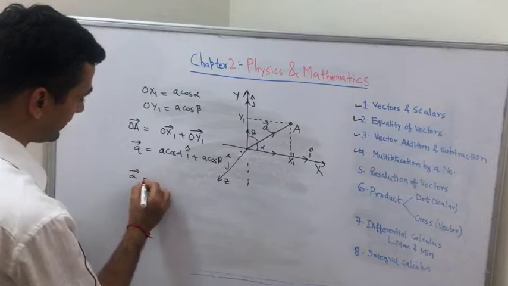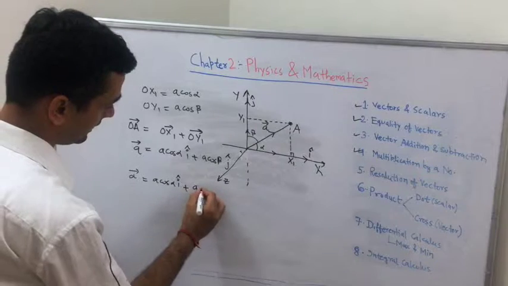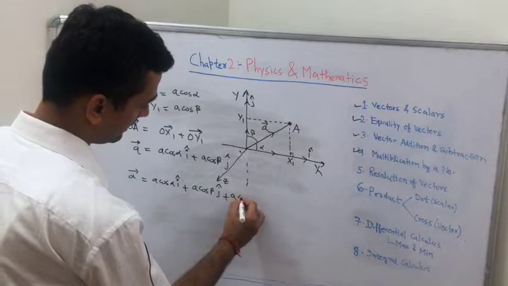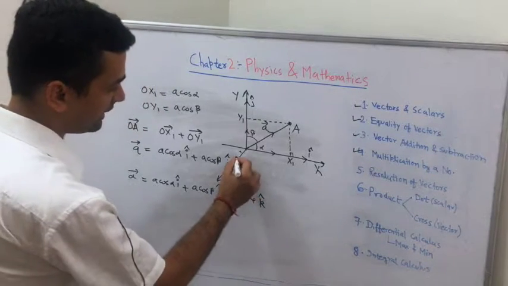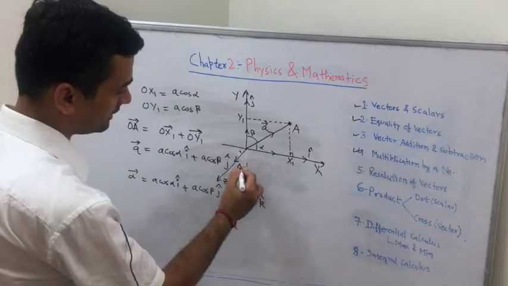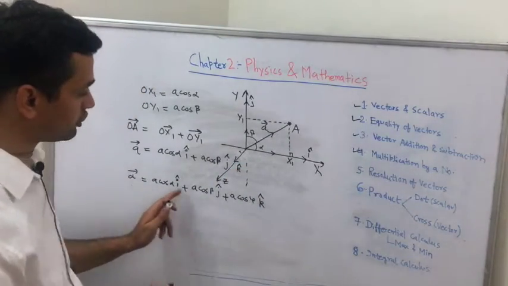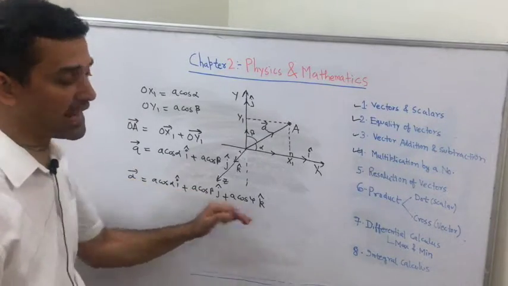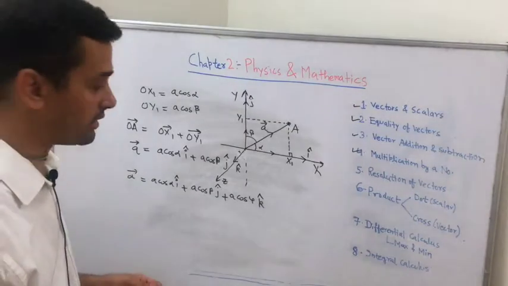Then we can say A is equal to A cos alpha i plus A cos beta j plus A cos gamma k. The k vector lies in the direction of the z-axis. So it is very simple to resolve any vector along these three axes, and it is very important to be able to do that.